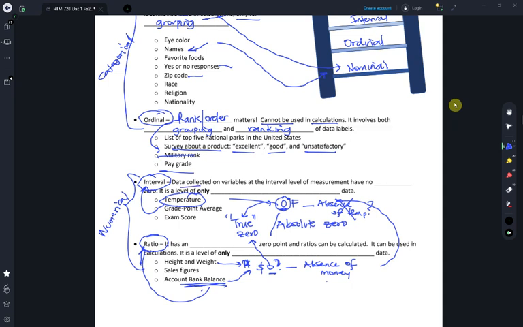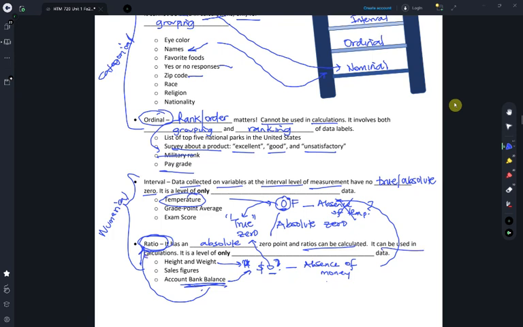So data collected on variables at interval level of measurement have no true or absolute zero. Whereas variables at ratio level of measurement have an absolute or true 0 point, and ratios can be calculated.